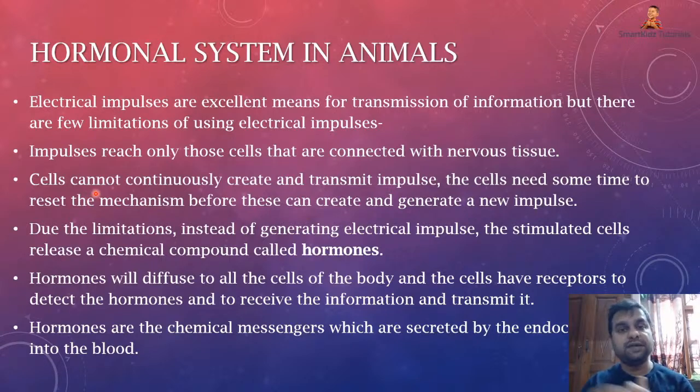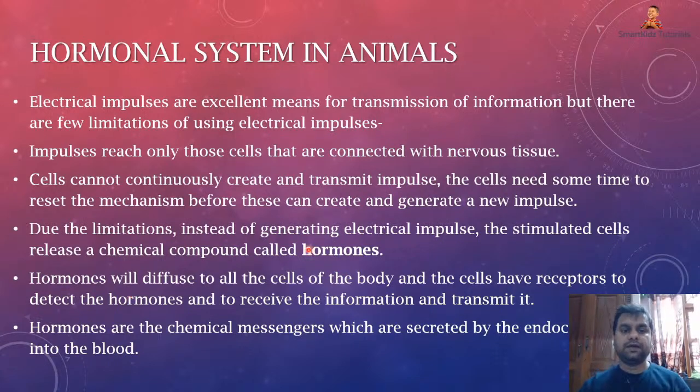Hormones are chemical signals that send messages to various target organs or target tissues where they are intended to perform certain actions. Due to this limitation, instead of generating an electrical impulse, the stimulated cells release a chemical compound called a hormone. So we know now why we need hormones instead of electrical impulses.